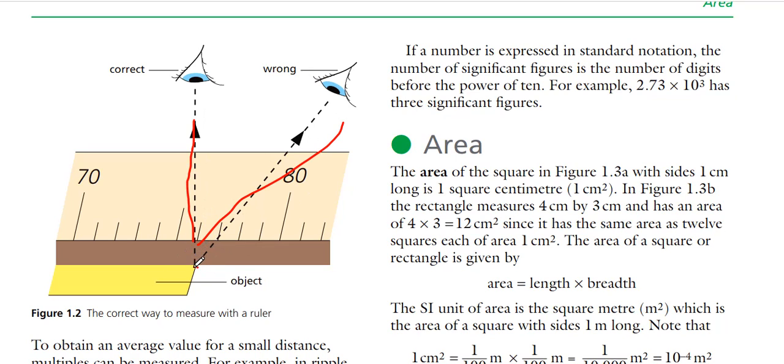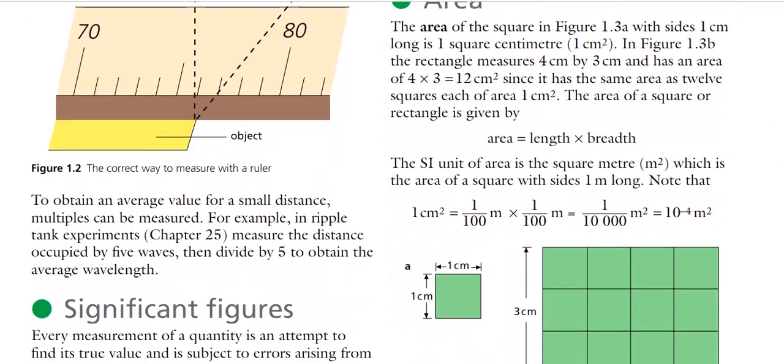The object is here, and the space between it and the ruler messes up how you see it. It's all because of light. We'll probably get to that someday, not today though. So you have to always look at the ruler from a 90-degree angle to get the exact correct point, if you know what I mean.